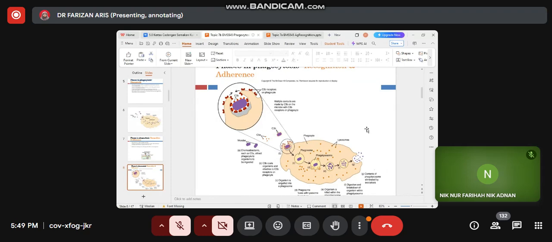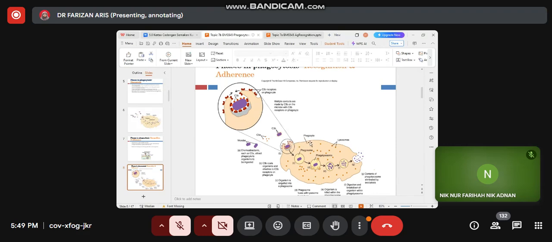So here is the step-by-step process. The first one is chemoattraction by C5a, and then C3b coats the organism and attaches to the receptor on the surface of the phagocytes. We know that there is a C3b receptor, right? This receptor will allow the binding.